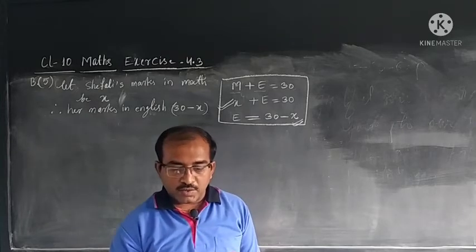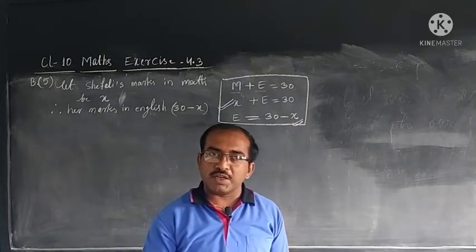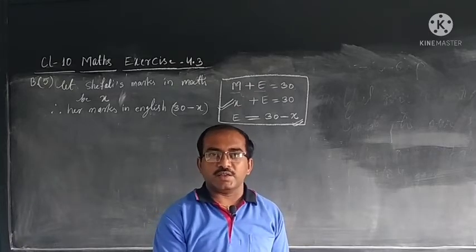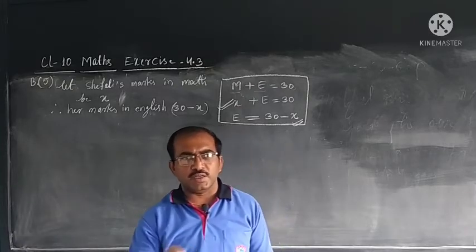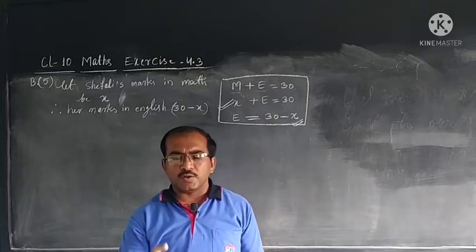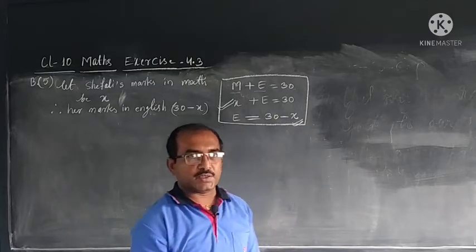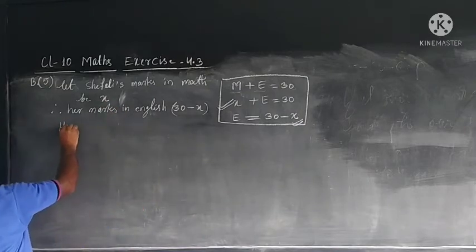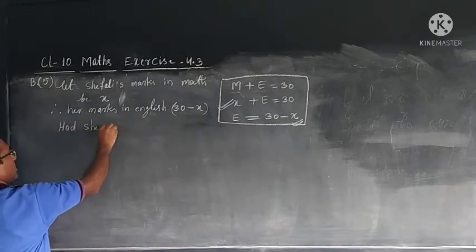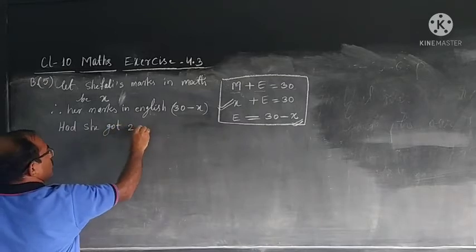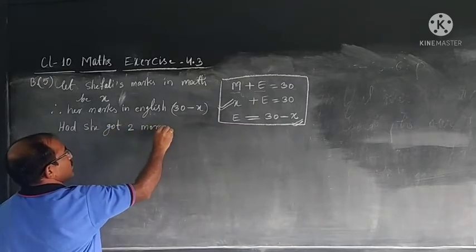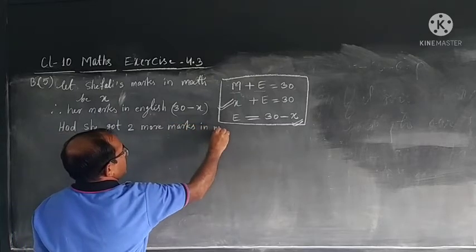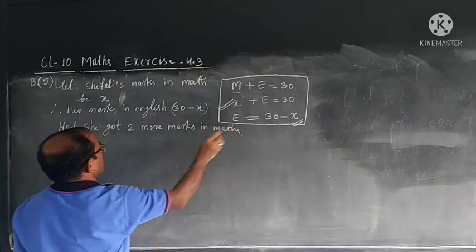Had she got 2 marks more in mathematics and 3 marks less in English. So, now the question is telling a different condition. If she had got 2 more marks in maths, so her mark is how much in maths? X. Had she got 2 more marks in maths, so what would be her marks now?